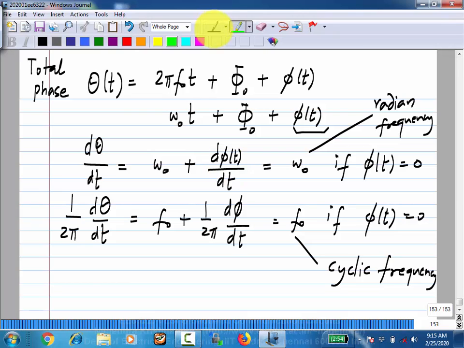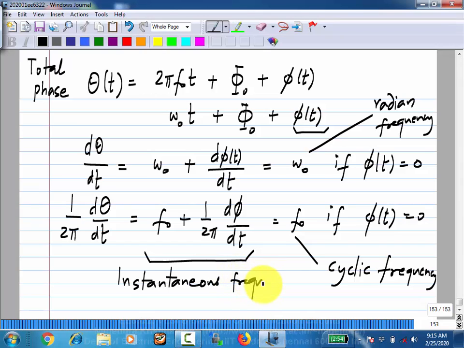That's why this is called the instantaneous frequency. And also, if I assume that the average of d phi by dt is 0, that is averaged over time, then this f naught will be the average frequency.